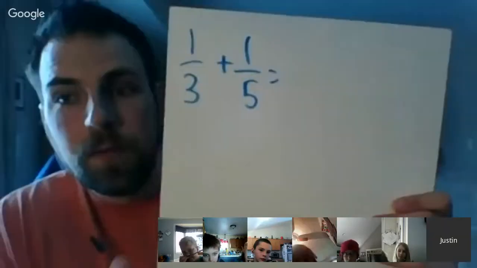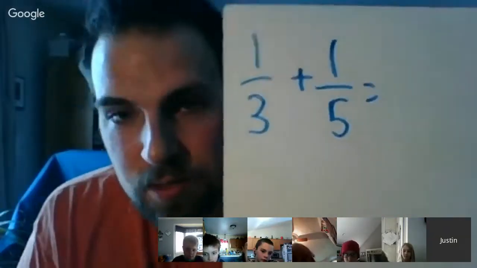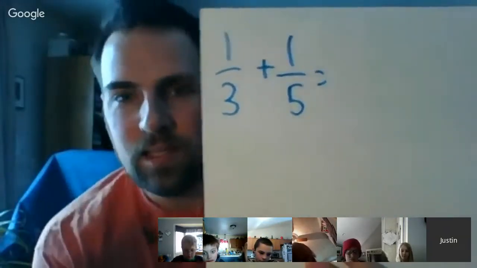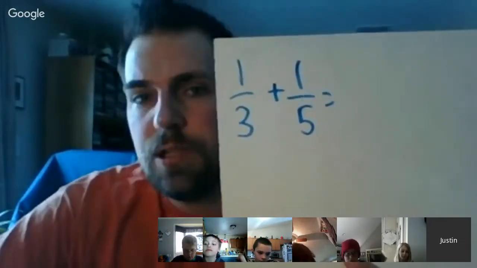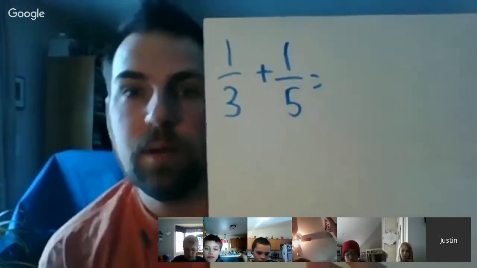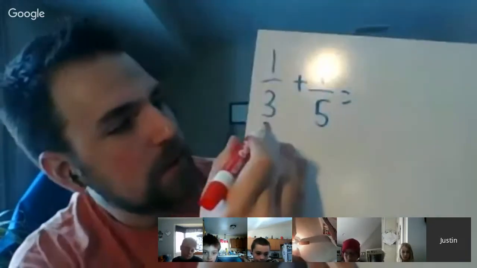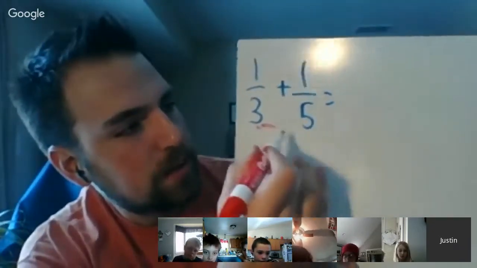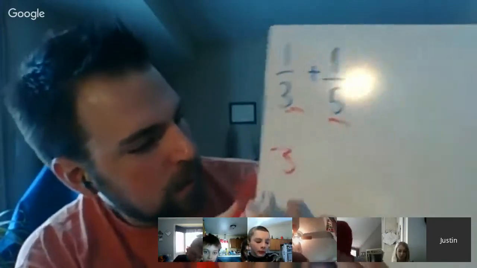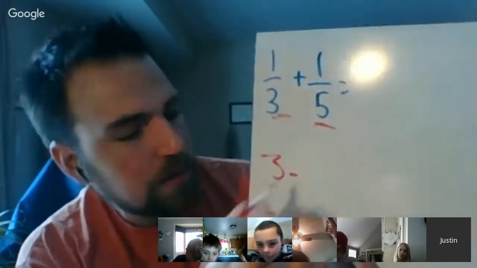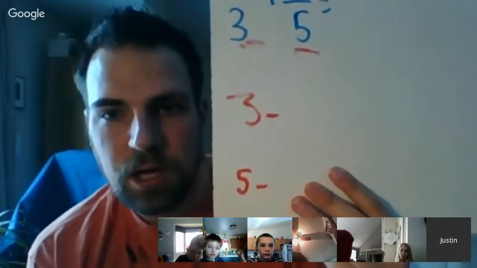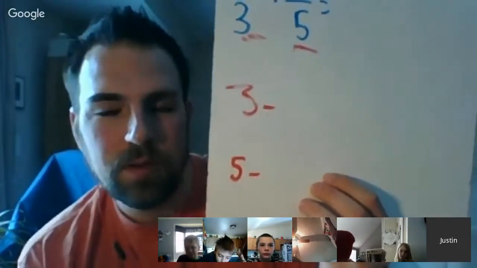Absolutely. But we don't have like denominators, so what we have to do is make like denominators. The way we're going to do that is with the least common multiple that we just did. So you take the denominators, the 3 and the 5, and find the least common multiple of those two numbers. Go ahead and find it.